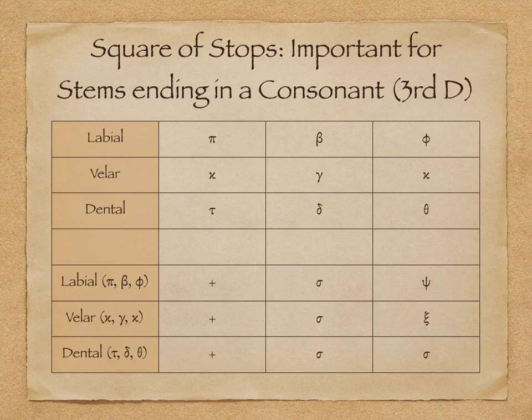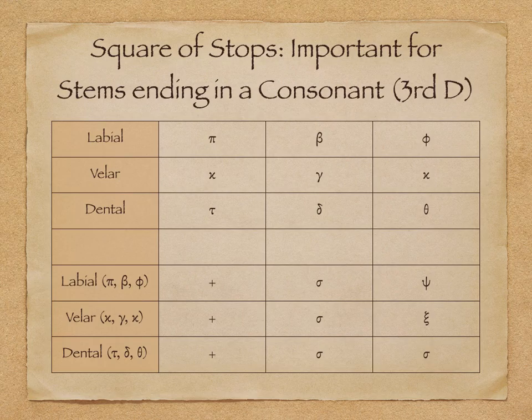Labials, those sounds that require the lips, pi, beta, and phi. The velars, those that require a bit more of the throat, kappa, gamma, and chi. In the dentals, tau, delta, and theta. Those require the front part of the mouth.